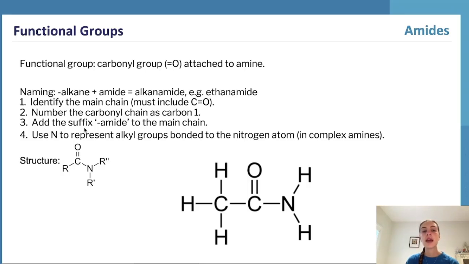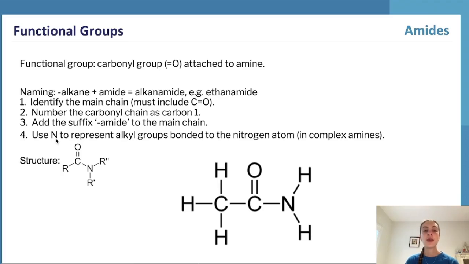So for example, in ethanamide, we've got the ethane chain, and then we add amide to the end to say we've got this double bonded oxygen and this based off ammonia group.